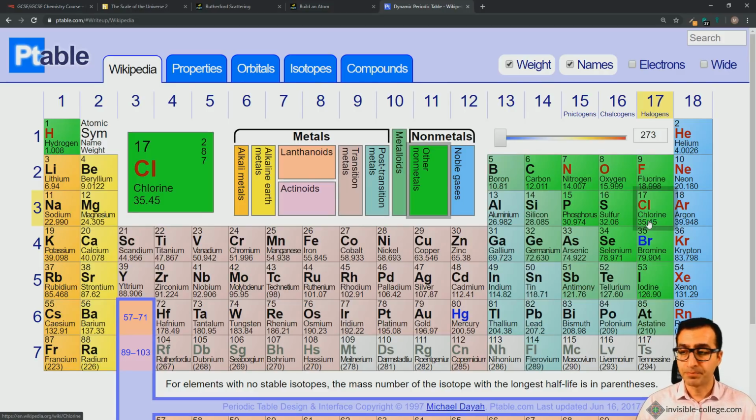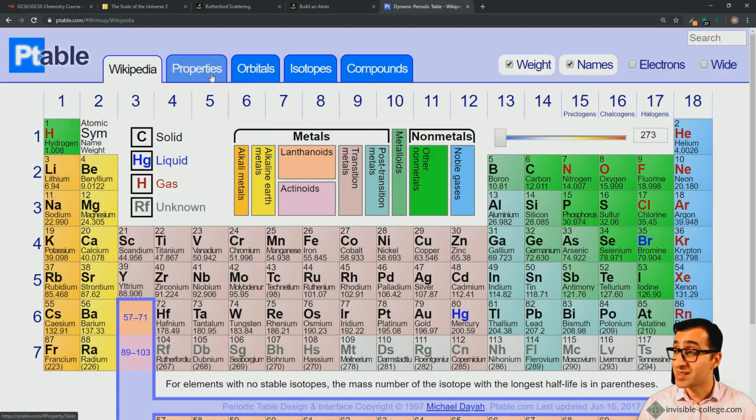Now, the reason why the relative atomic masses sometimes have fractional numbers is because this is a number which expresses the average mass of a chlorine atom, for example. And this takes into account the fact that the different isotopes exist in different abundances.